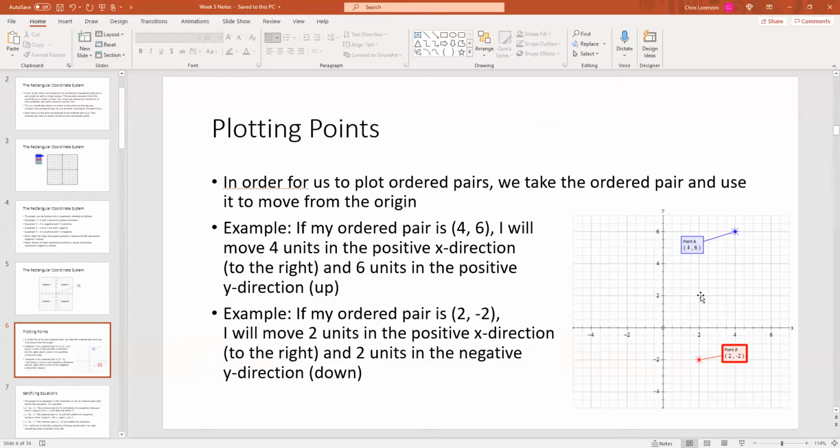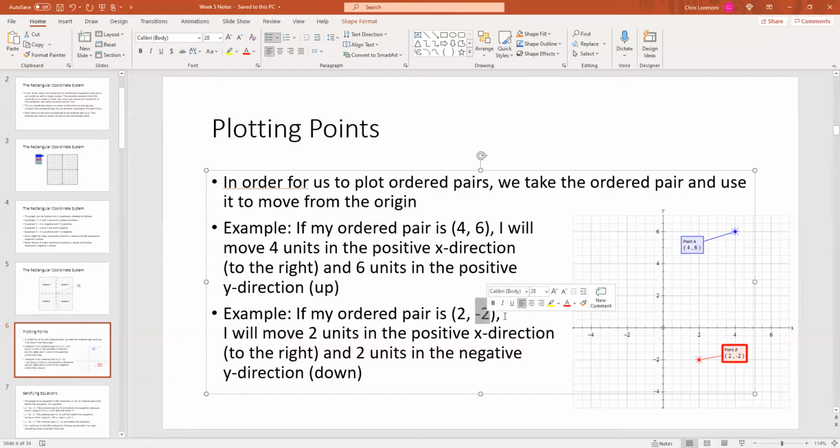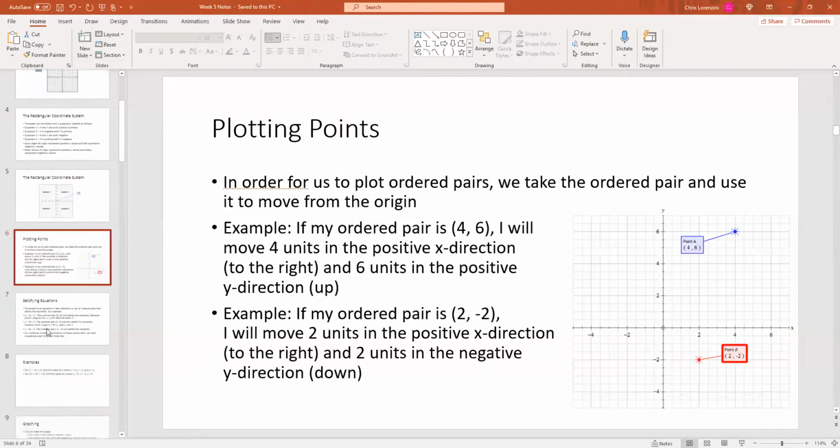If my ordered pair is (2, -2), x is still positive 2, so I'm going to move over to the right 2 units. Y is negative 2, so I'm going to end up moving down 2 units from there. I move down right to where this red point is, and I end up with the point (2, -2). So that's how I plot ordered pairs on the xy coordinate system.